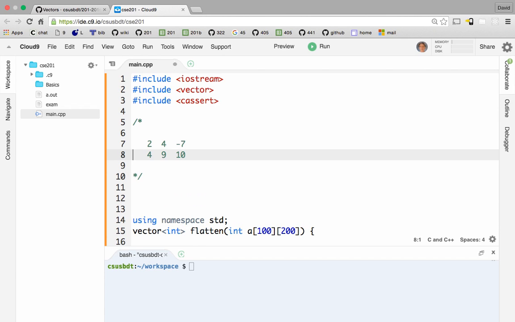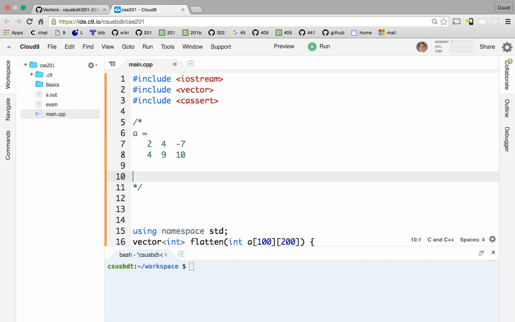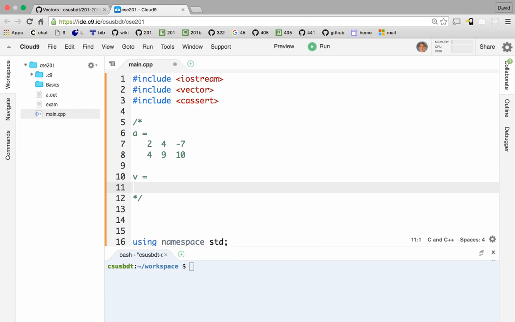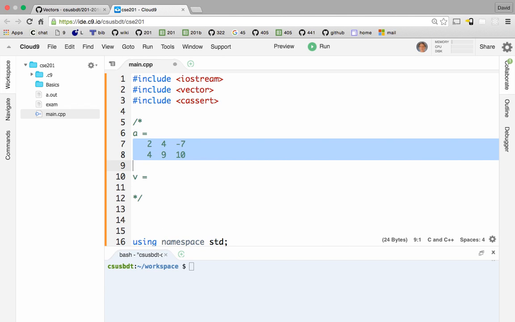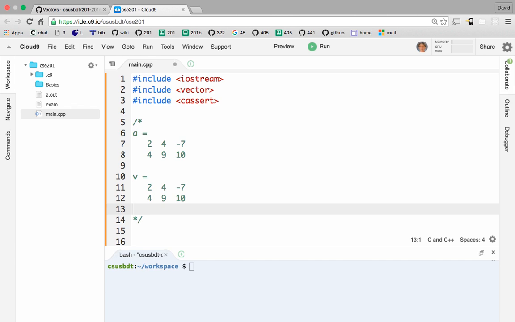And so this would be A. And then the resulting vector would just be this thing flattened out. So it would look like this. That's it. Just put the first row on V, then put the second row on V, put the third row on V. That's it.